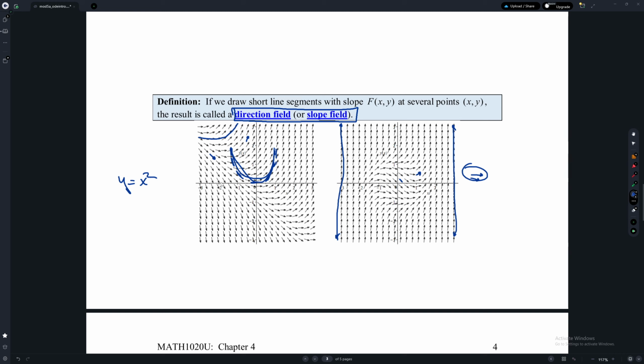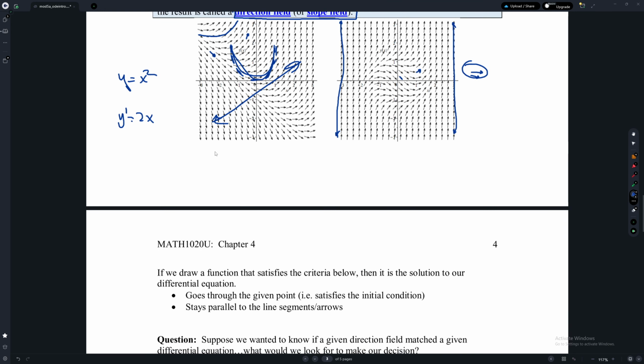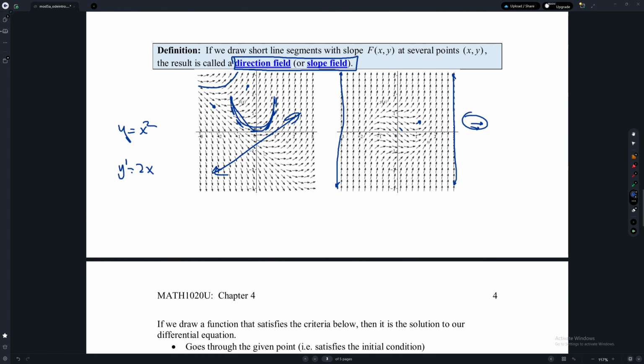Because when you derive it, you'll get y prime equals 2x, which is a linear function, and it increases constantly. It goes from a negative slope to a positive slope, from a negative number to a positive number.